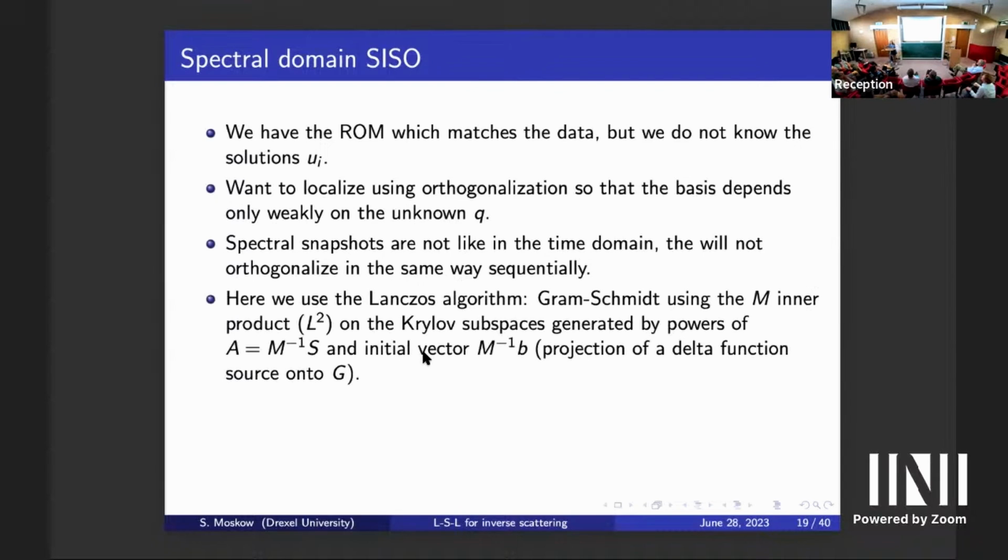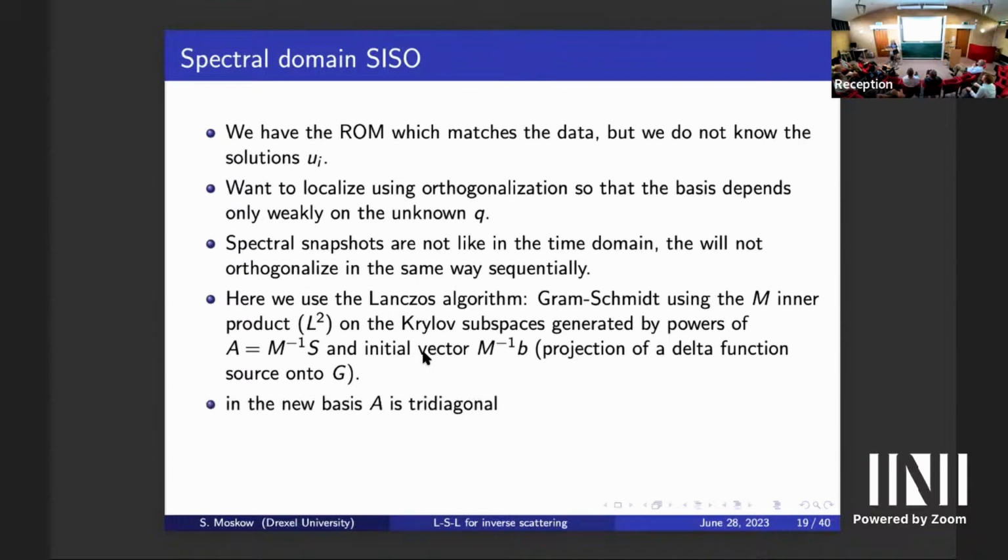So instead we use the Lanczos algorithm, which is Gram-Schmidt using the M inner product, which is just the continuous L2 inner product, on the Krylov subspaces generated by powers of the operator, M inverse S, which is a sort of discrete PDE here, and initial vector M inverse B. If B is your source, M inverse B is projecting this onto the space of exact solutions.